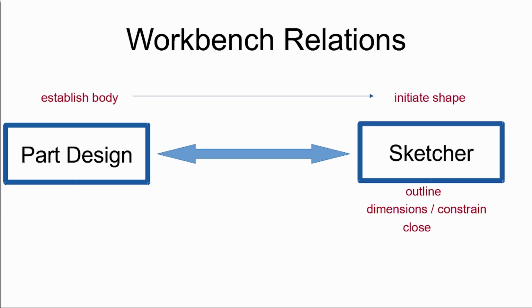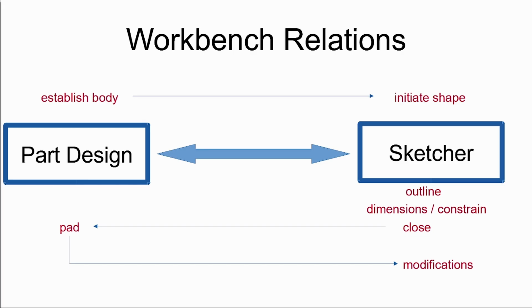And then once you do your outline, dimensions, and constraints, you close Sketcher, and it defaults back to the part design workbench, which then you execute a command called pad to give the object a height, or thickness, whatever you want to call it. It gives it its third dimension.